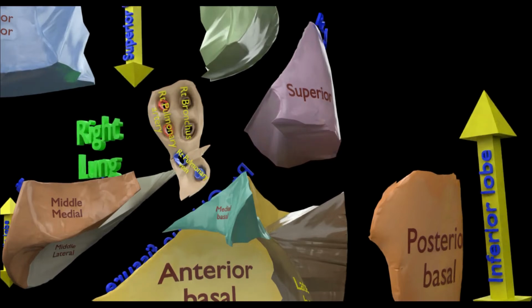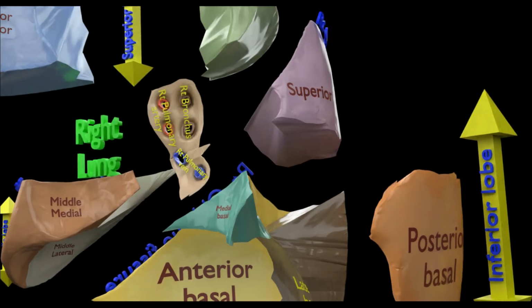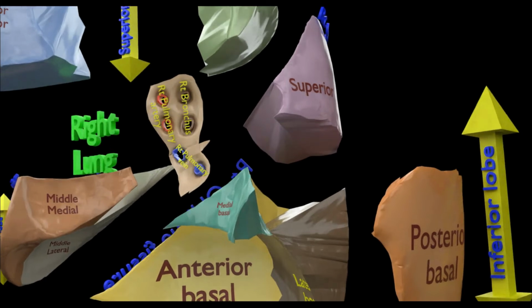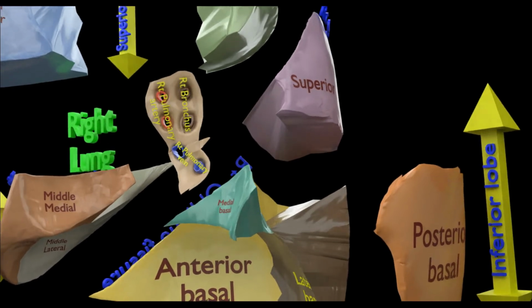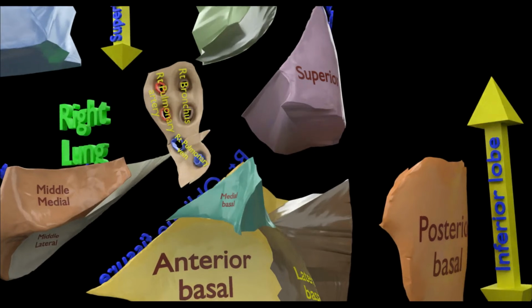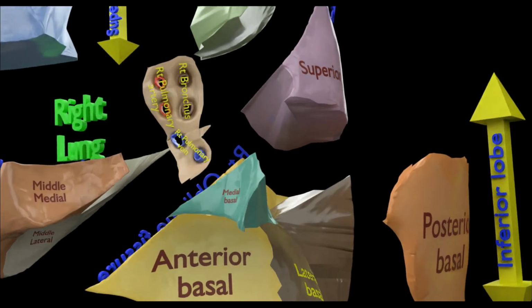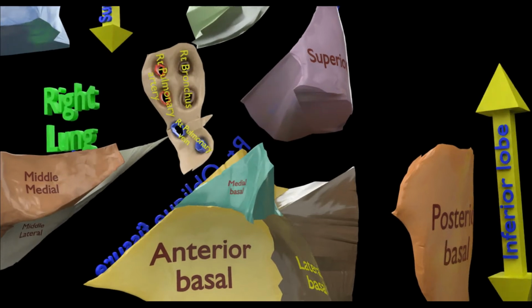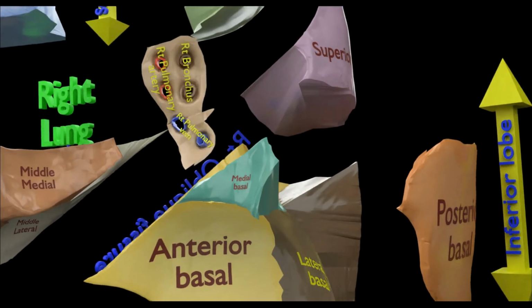The medial basal segment, that is S7, is best represented on the mediastinal surface of the lung, as it lies below the hilum. It is located below the pulmonary hilum and is one of those that appears on the diaphragmatic face as all segments from 6 to 10.